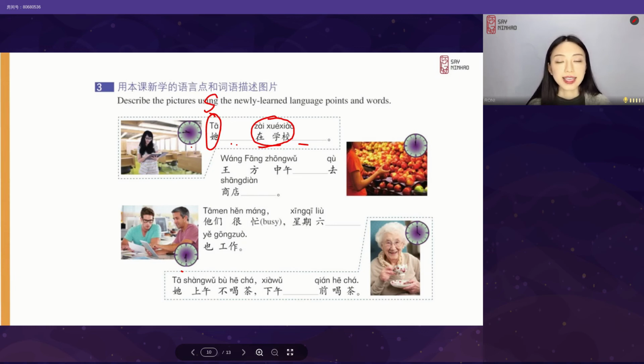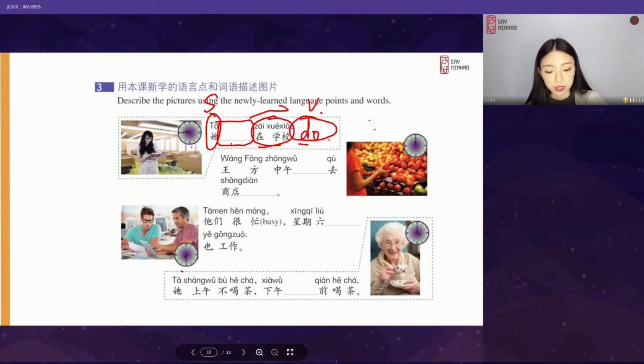See this 在. Can you think about any structure? 在 a place, do something, right? And here we can say do something, and then in this part, we can put in the time word because the predicate is after it. So we can put the time word here.